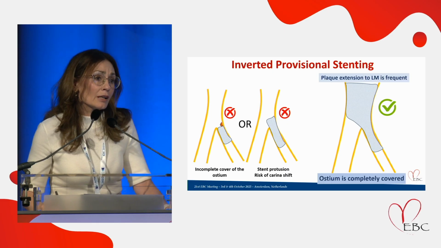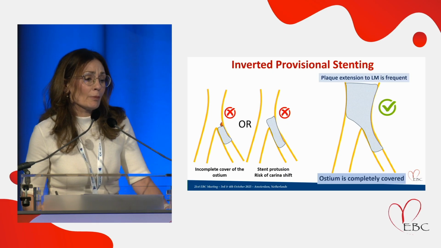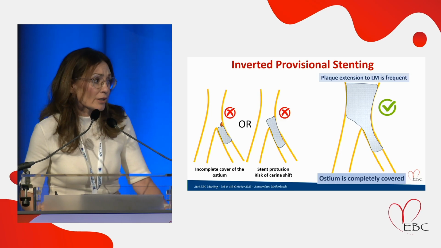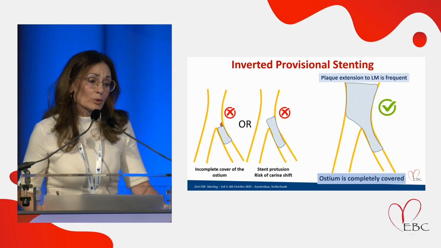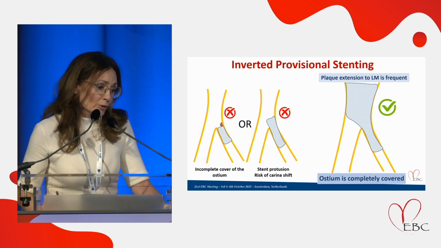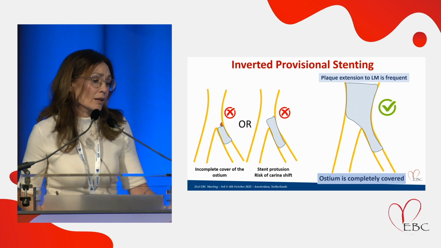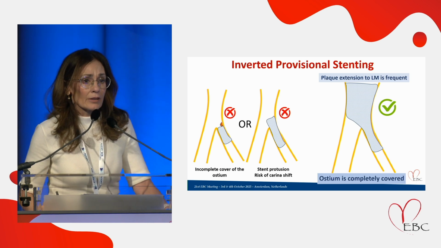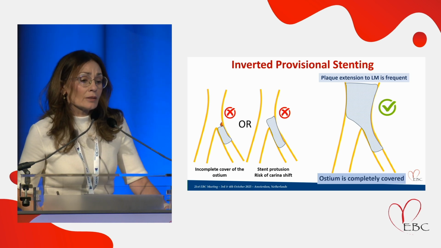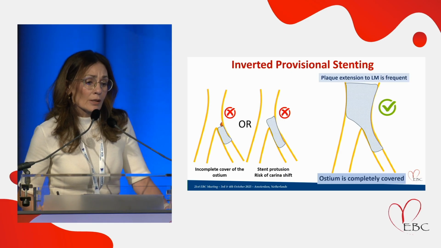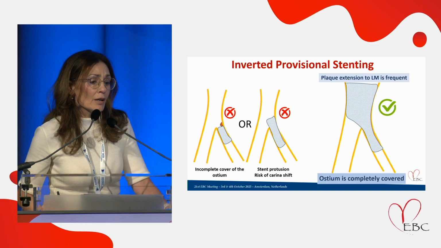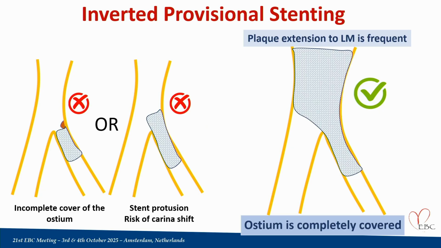Because when nailing the ostium, the problem is the plaque is frequently uncovered, or the stent protrudes into the main vessel if the angle is not close to 90 degrees. Additionally, intravascular imaging often demonstrates the extension of the plaque into the left main, so that reinforces the idea to cover completely the ostium and even the left main.